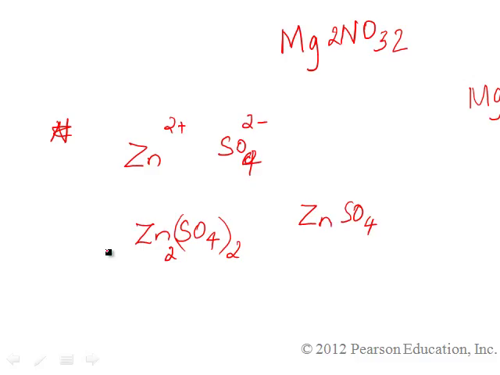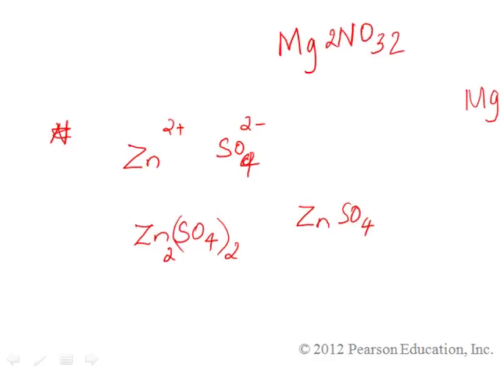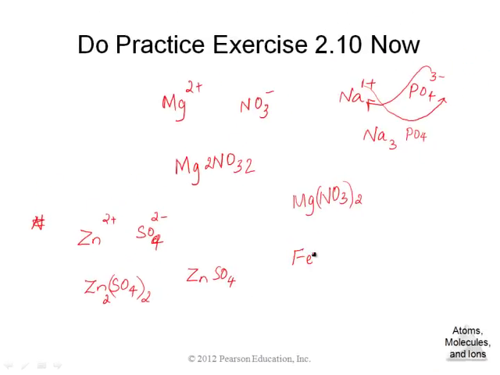Fe3+ and CO3 2-. Okay, let's switch the places. So Fe will have what? 2, because this 2 will come here, and CO3 should get this 3.